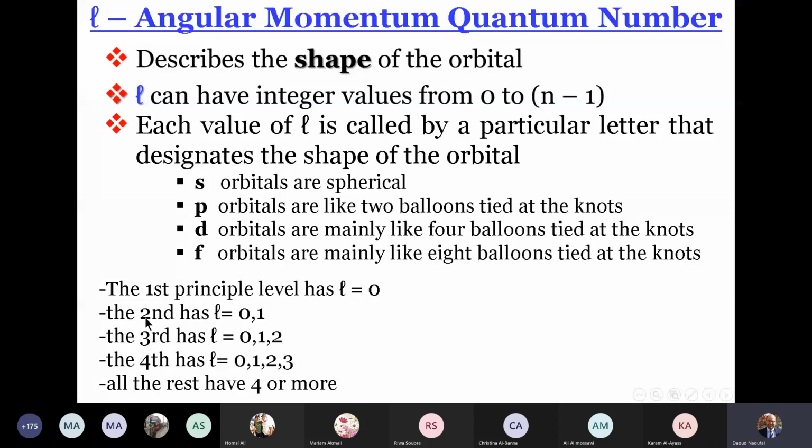At level 2, we have two types: L equals 0 and L equals 1. At level 3, we have 0, 1, 2. At level 4, we have 0, 1, 2, 3.